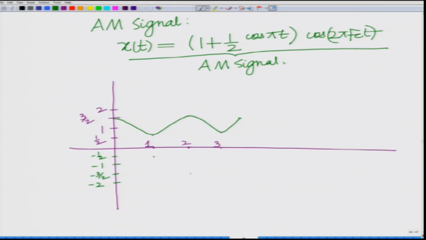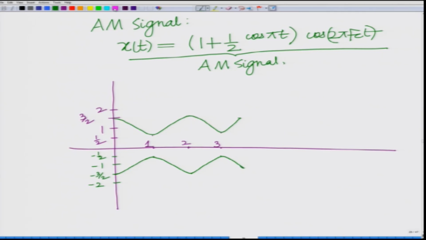So, the mirror image will be between minus 3 by 2 and minus half, and that is going to be something like this. That is basically reflection of this about this.